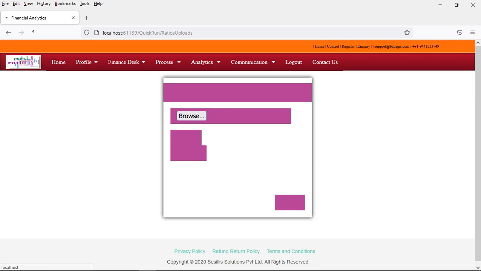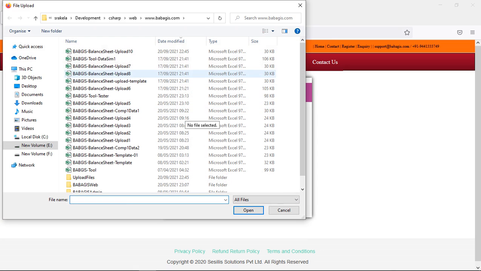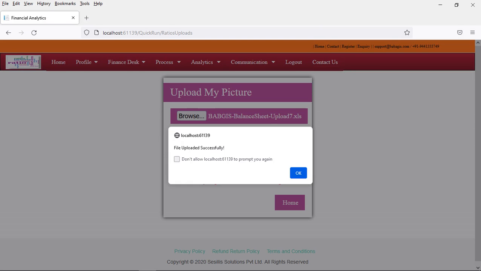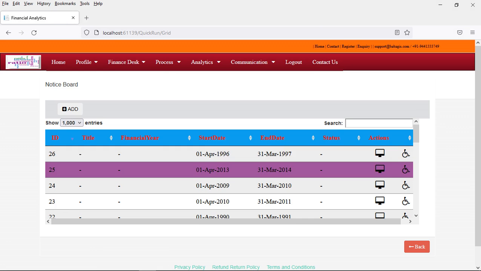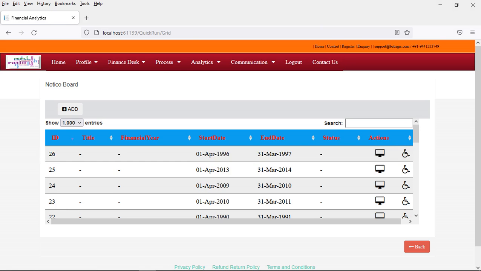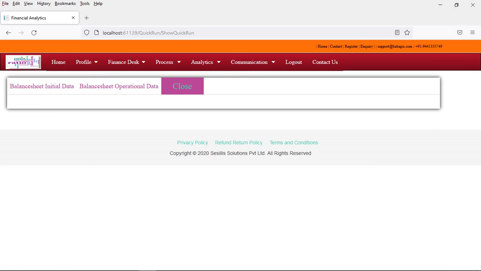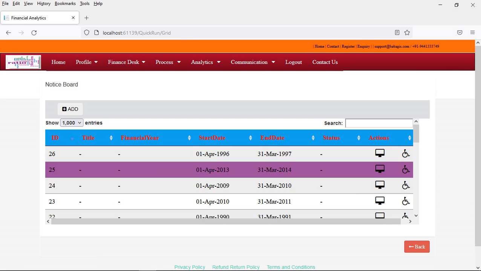Then you can see this one, just now uploaded, again the same data. The ID is 25 now. When you upload it, it gives you another ID. When I upload again and say OK, it uploads successfully, and you see 26 here.